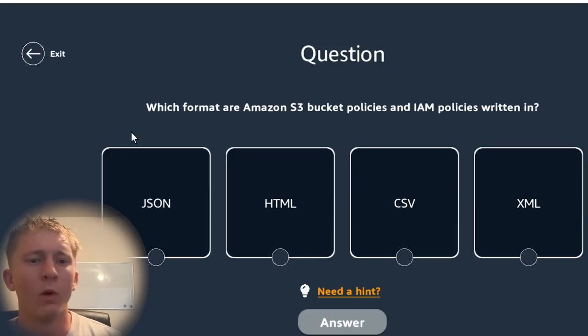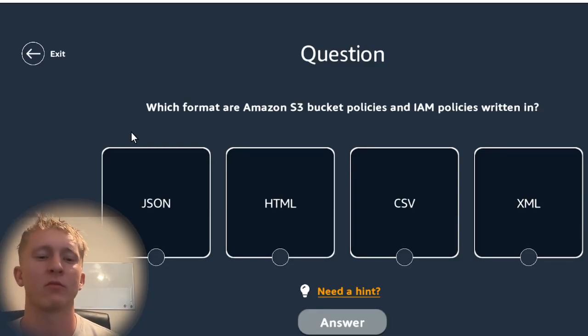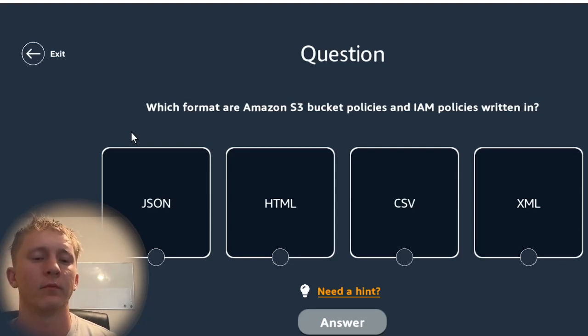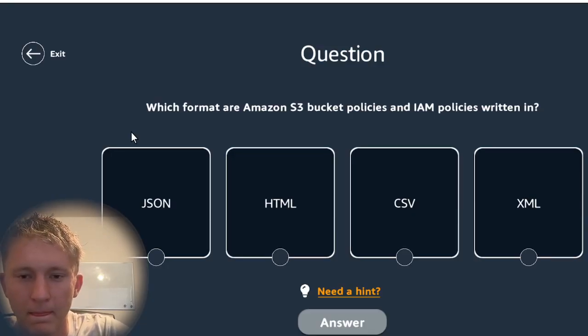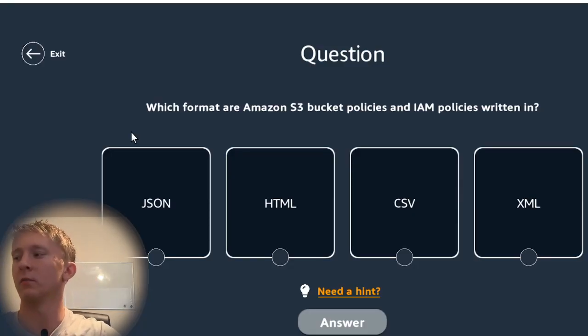Question: which format are Amazon S3 bucket policies and IAM policies written in? JSON, HTML, CSV, or XML? I have a feeling I remember this answer, but I'll give you guys some time to think, because I know you guys are out here studying with me.